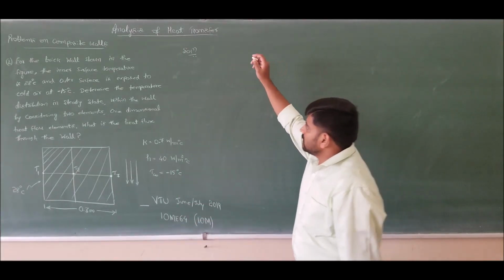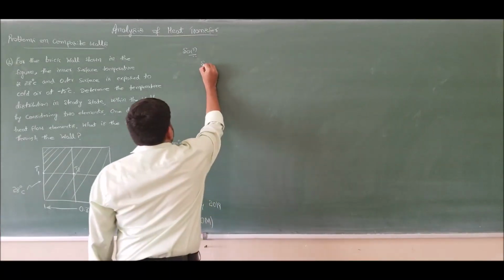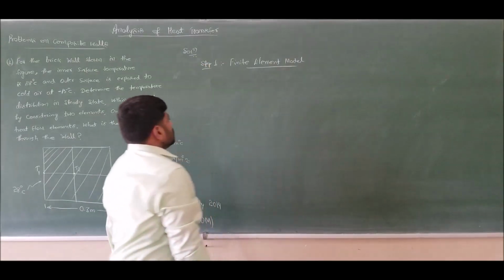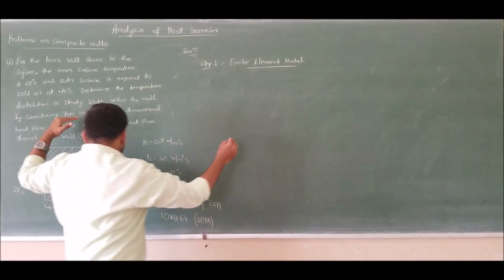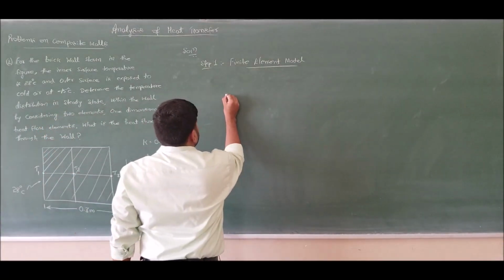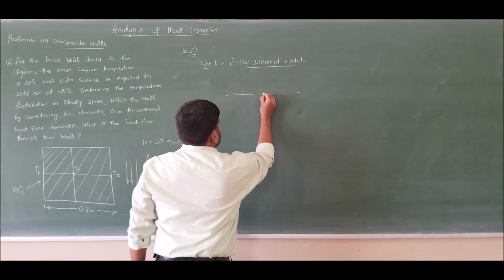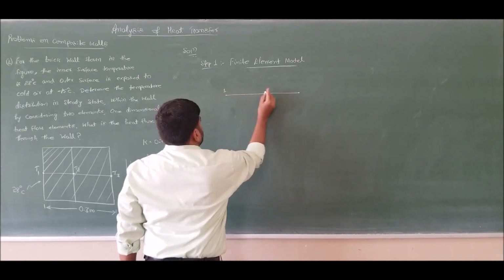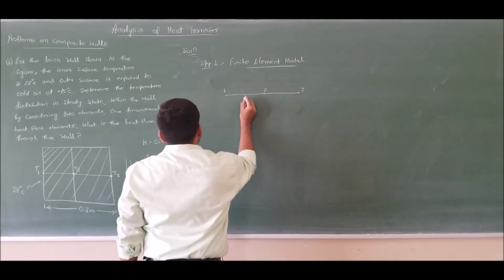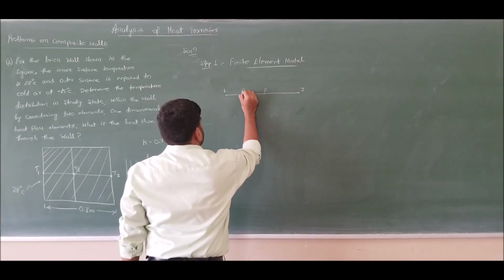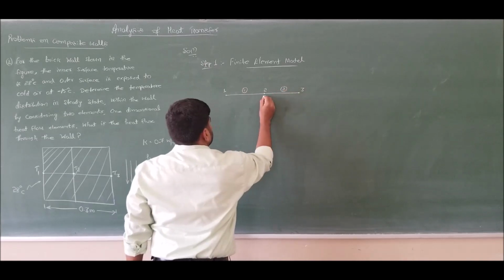Step 1 is the finite element model. He has clearly stated to model the problem with two elements. So if I model it with two elements, the finite element model will be like this: node number 1, node number 2, and node number 3. This is element number 1, and we have element number 2.